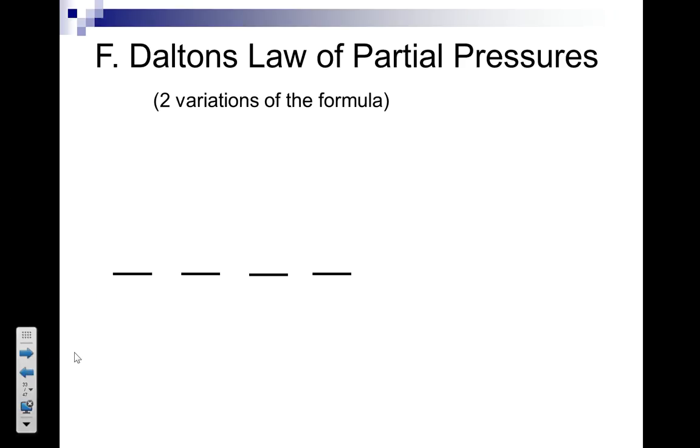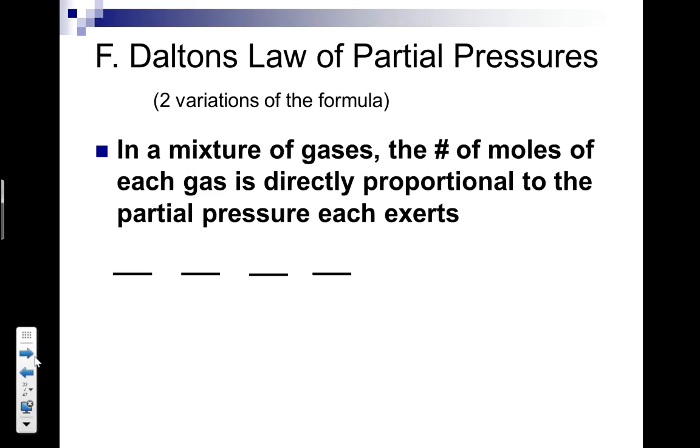Now, something else that Dalton recognized is that if you have a mixture of gases, the number of moles of each gas is directly proportional to the partial pressure that each gas exerts. Remember that in our gas law formulas, we use n to represent the number of moles.